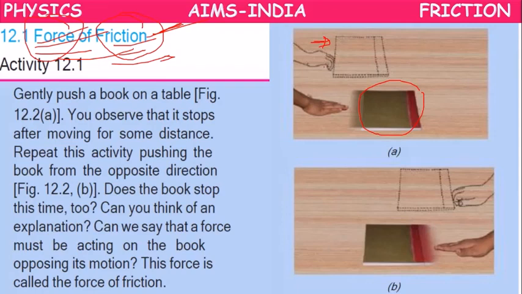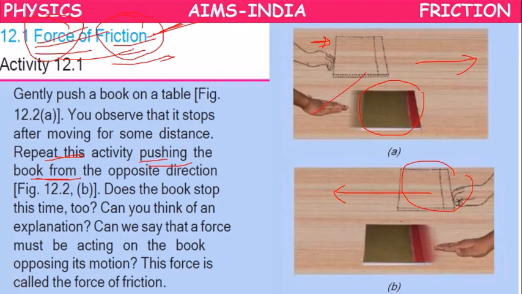If you gently push it forward towards the right side, it will move for some distance, then it will stop. If you repeat this activity, pushing the book from the opposite direction, it will move for some distance and it will stop.